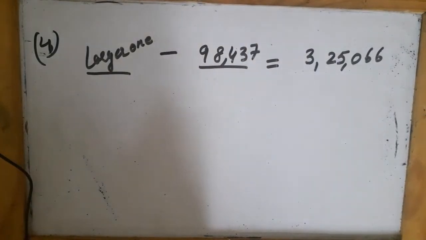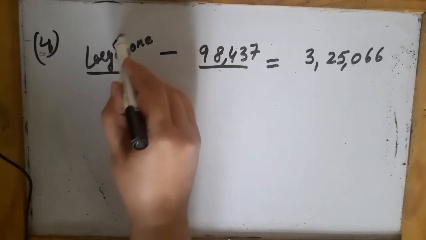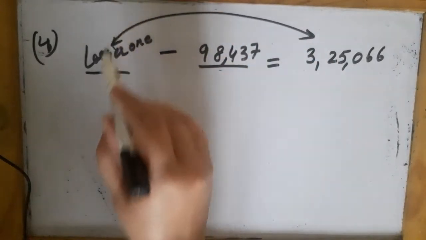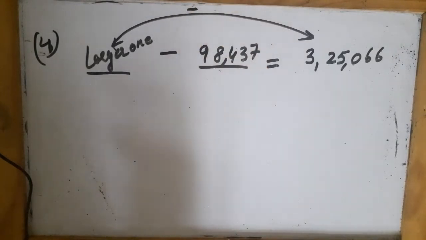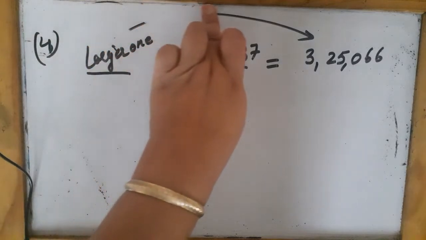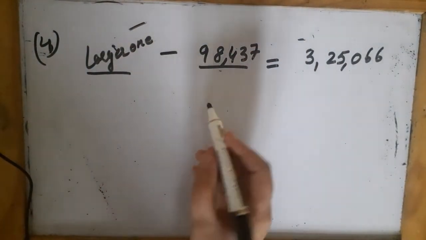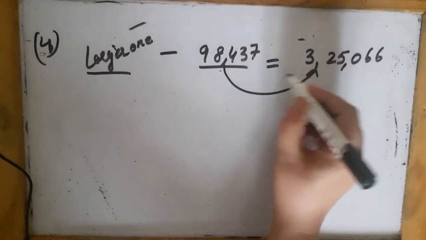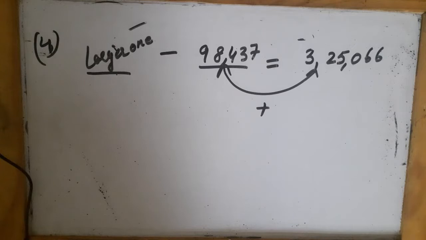So when we have to find the smaller number, we subtract both these numbers, like we did in the last question. But because we have to find the larger number here, we will add these two numbers, then we will get the larger one.